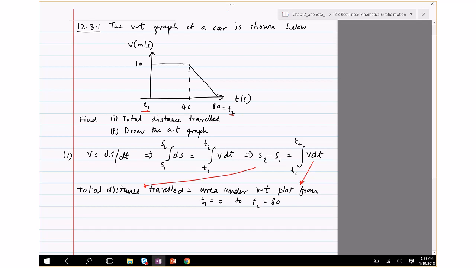In this case, we have two shapes. We have a rectangle.